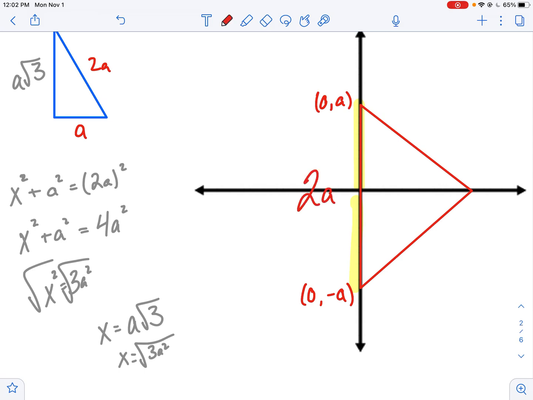It should be 2A, which means that this is 2A and this is 2A. And we have the same exact process, right? So I could go through the Pythagorean theorem one more time, where I've got A and 2A and X up on the top. And this would be a root 3. So my vertex here, I went in the x direction a root 3 units, and in the y direction I went 0 units.